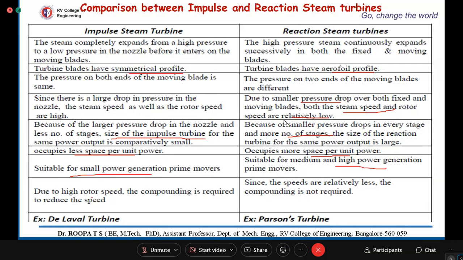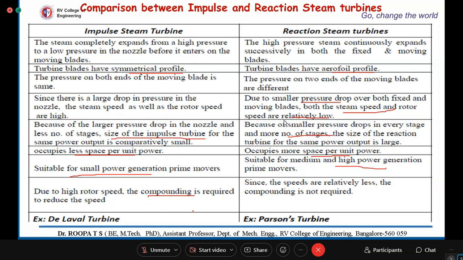So due to high rotor speed, the compounding is required. What it means is, all the pressure energy is getting converted into velocity. So the rotor which is getting into motion will be rotating with very high speed. But I cannot just couple that output directly to some motor because my requirement may be different.